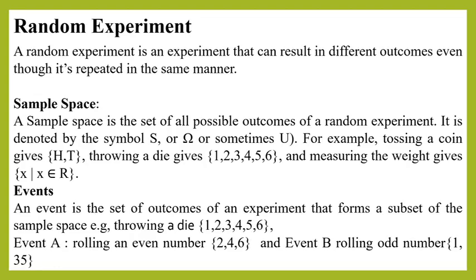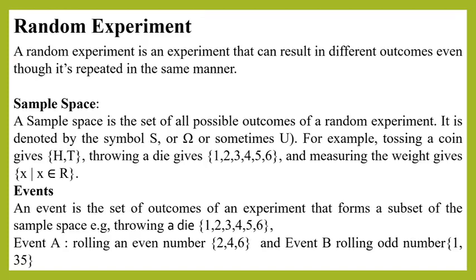Event A can be rolling an even number. What is the probability that an even number will come? Which is 2, 4, 6. This will be a subset of the sample space 1, 2, 3, 4, 5, 6.